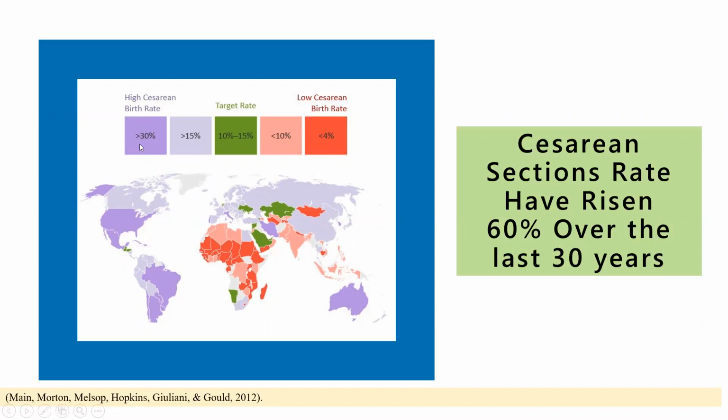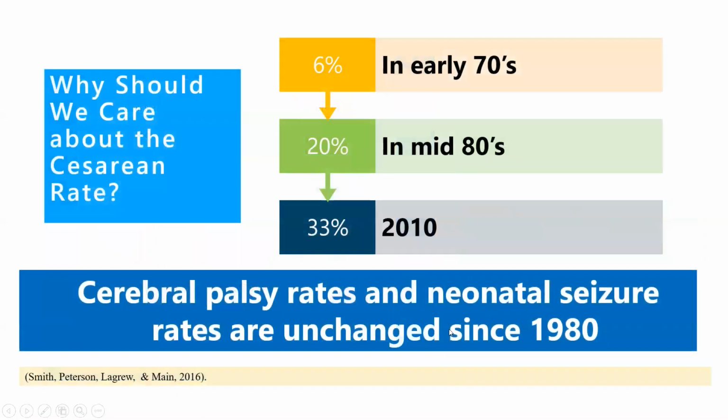So when cesareans became more popular, with the onset of antibiotics and the ability to have a cesarean under spinal anesthesia, where the woman can remain awake and still be part of that process, there was an increase in the cesarean sections because we were saving more babies.